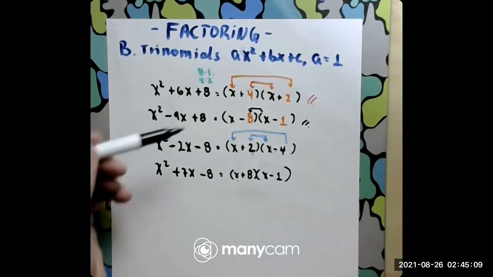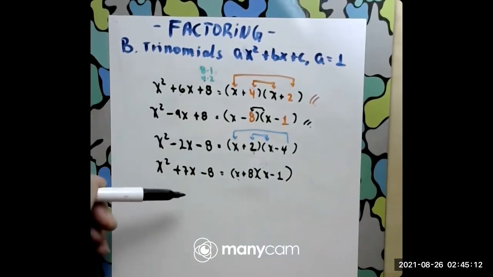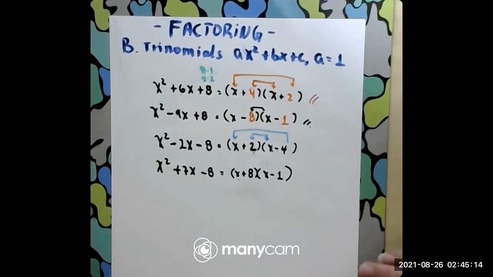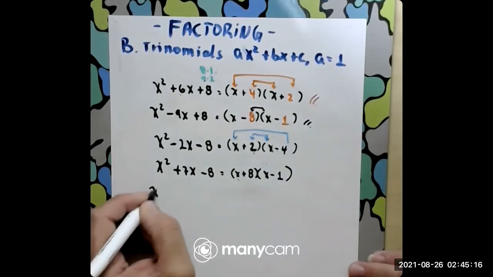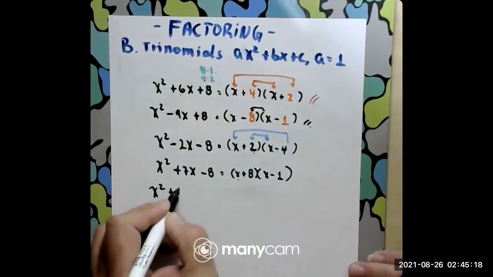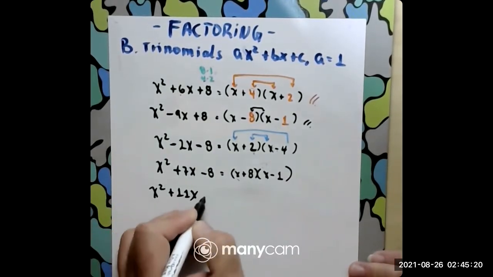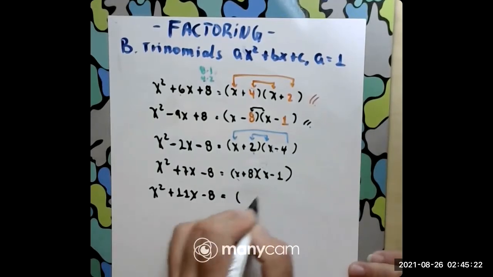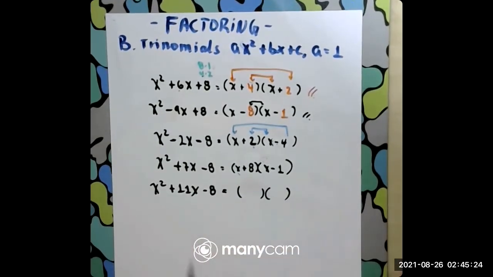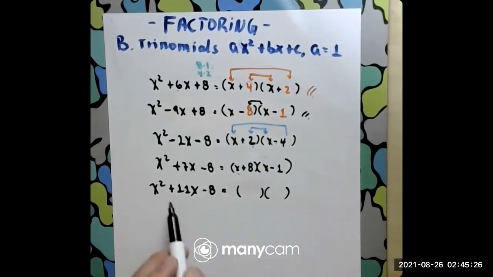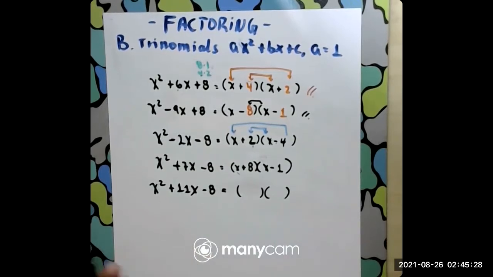It's not that I'm boring, but I'm trying to use the same numbers because it's the same technique. I just don't want to confuse you. So I have x squared plus 11x minus 8. Okay, so now factors of 8, negative 8, that will give me positive 11.